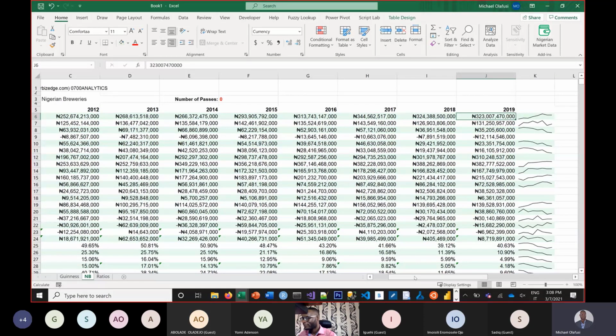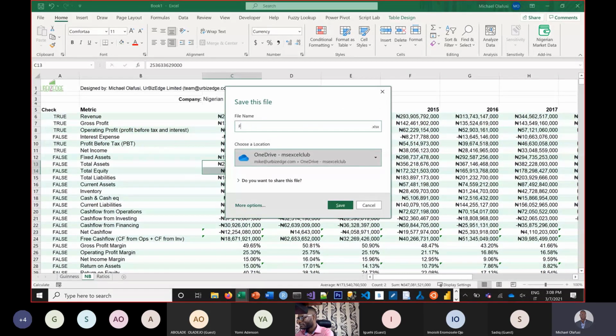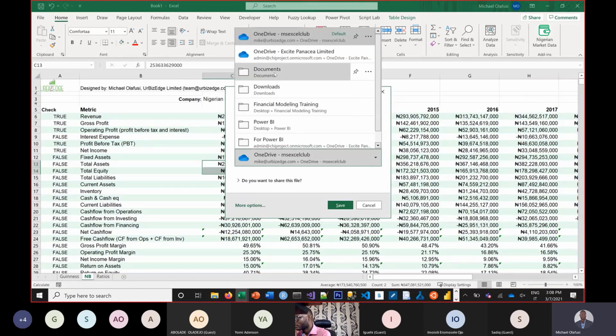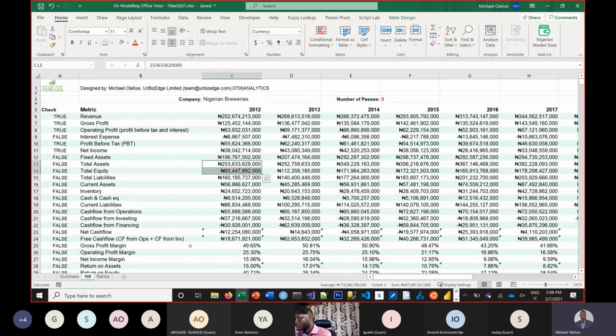So we have come to the end. Let me save this file as financial modeling, today is 7 March 2021. I'm going to save it in my documents, then I'll grab the link.